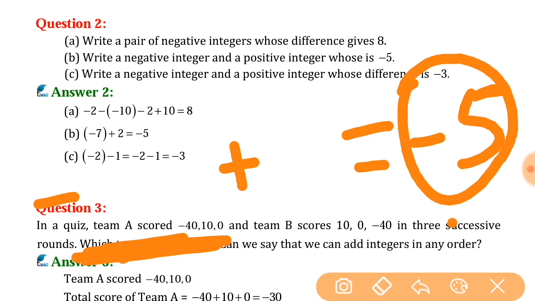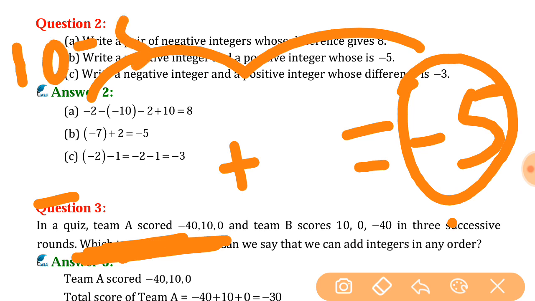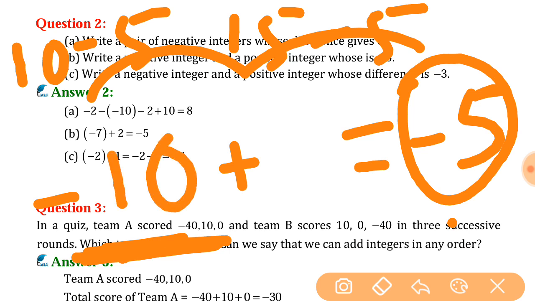Then which two integers' difference gives 5? You can take 10 minus 5, or 15 minus 5, it gives 5 only. I'll take 10 only. So here 10 is a numeral, that's why I'll take 5 here, the bigger number.